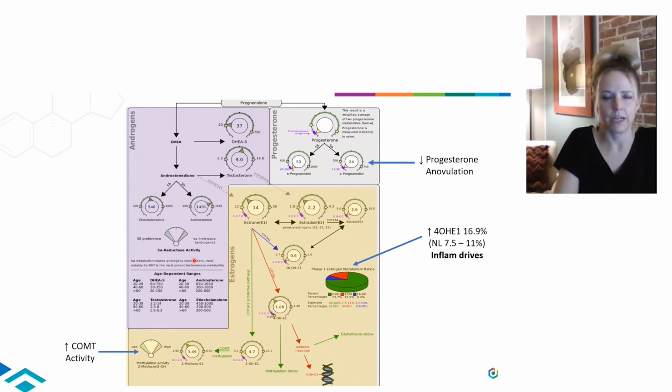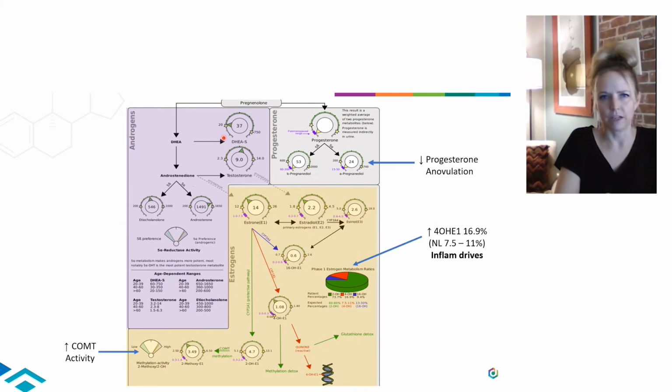Here they're teased out into their component parts. DHEA is made in the adrenal glands based on ACTH stimulation, and insulin and prolactin. There are some independent drivers of DHEA production outside of ACTH, but ACTH is probably the biggest driver of DHEA production.